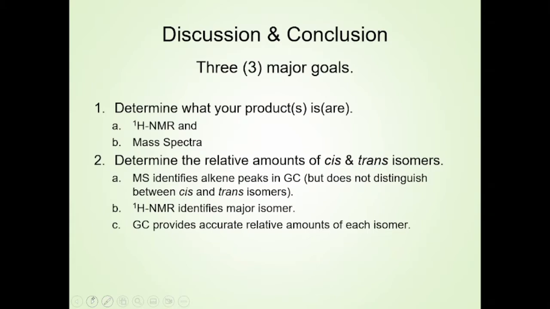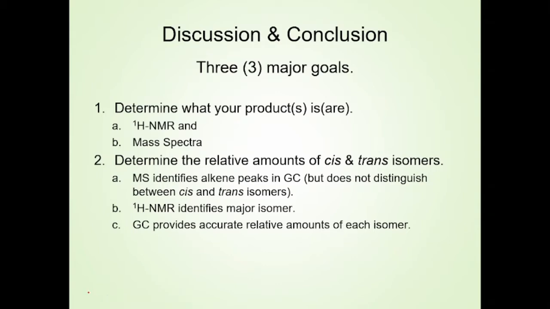We also want to determine the relative amounts of cis and trans. And so we'll need to use the mass spec to identify the alkene peaks, the NMR to identify the major isomer, so you know then in the GC, if the major isomer would be the bigger peak, and then use the GC to get the area percents so that you know the relative amounts.